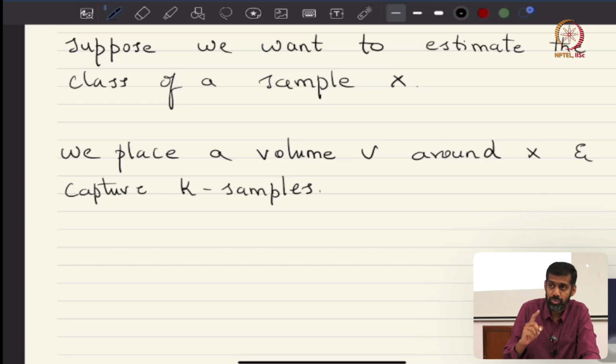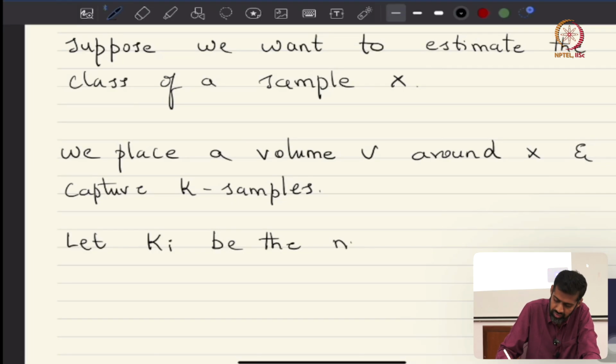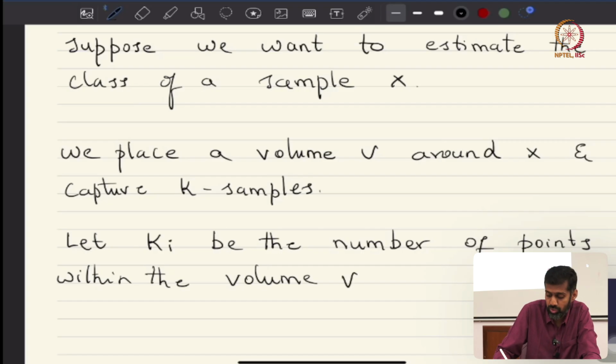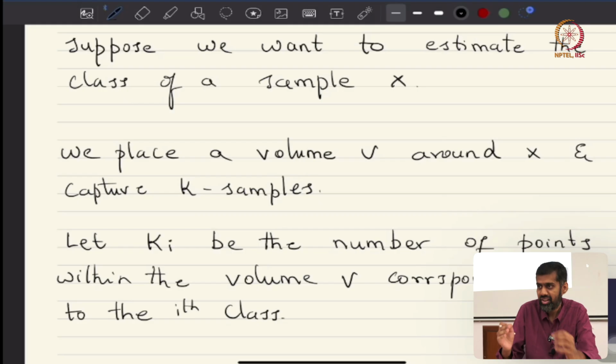Now suppose we are looking at a binary classification problem. So let Ki be the number of points within volume V corresponding to the ith class. So you have a point x, construct a volume around it.